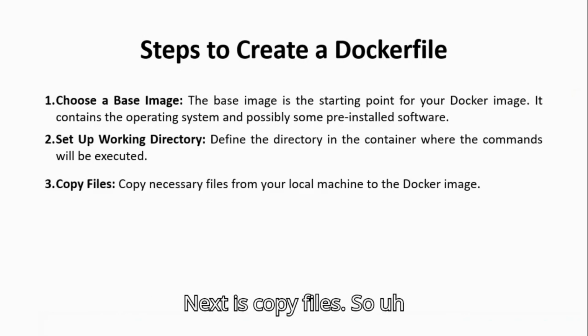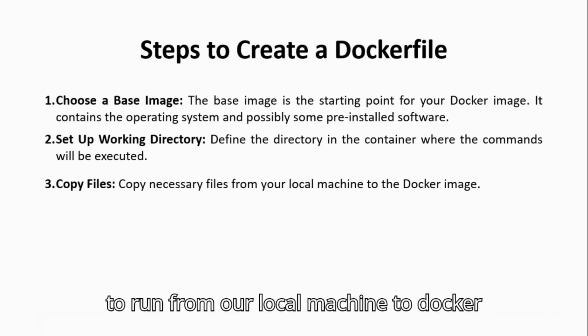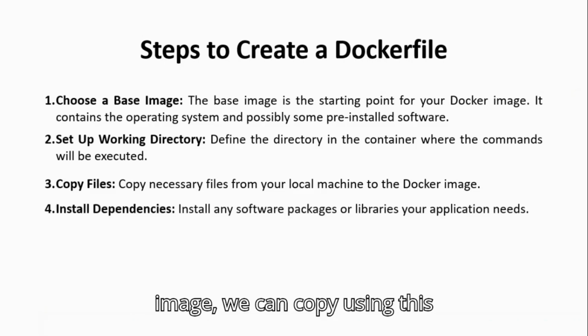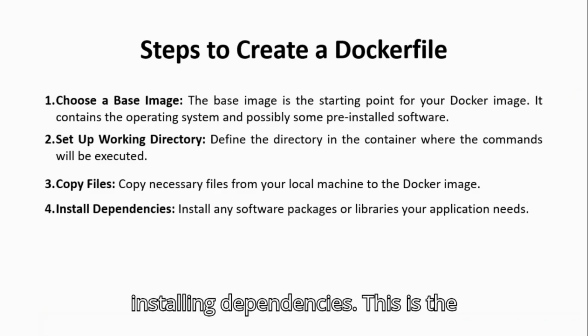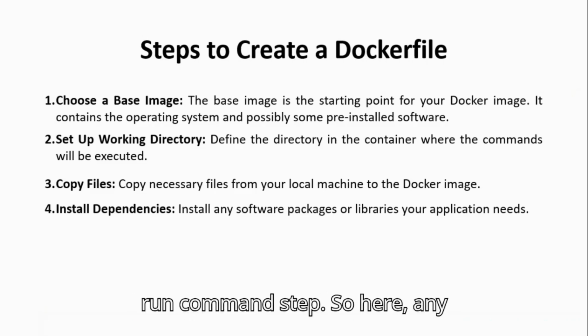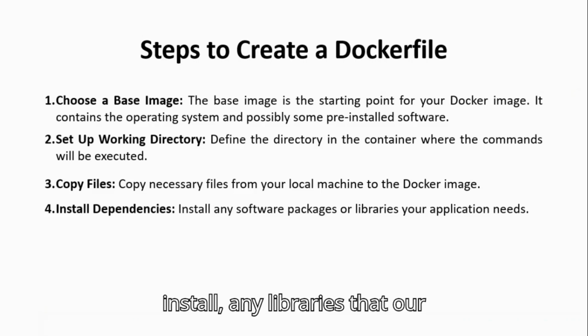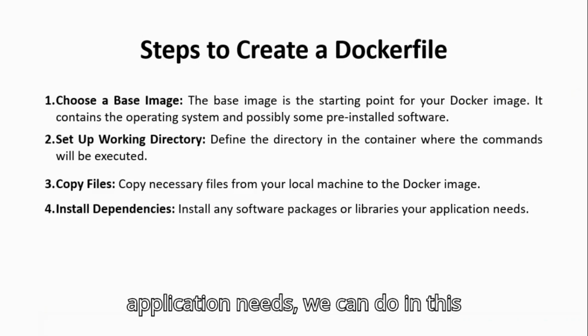Next is copy files. The necessary files for our application to run, from our local machine to the Docker image, we can copy using this COPY command. Next step is installing dependencies. This is the RUN command step. So here, any software packages that we want to install, any libraries that our application needs, we can do in this step.